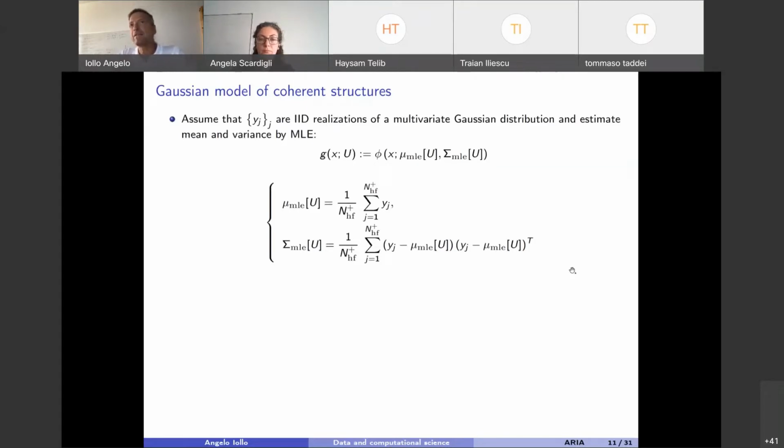And that's a very simple exercise in statistics. These are explicit formulas. So once we have the Lagrangian markers, we can get to the Gaussian distributions that represent the markers in solution, so let's say in snapshot 0 and snapshot 1. Okay, fine.